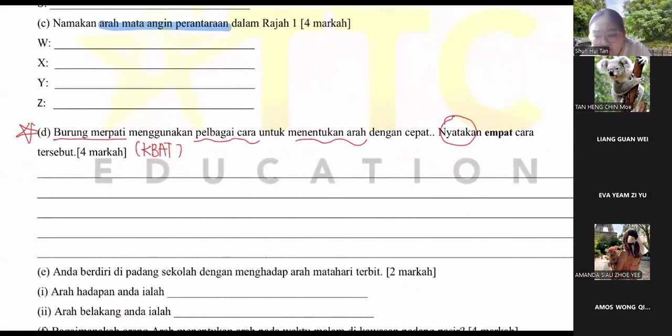How the bird determines direction is the same as how you do: we use our eyes to look at it. If I ask you, how do you go to your school from your house? Can you tell me how you get to school from your house? What is the direction?